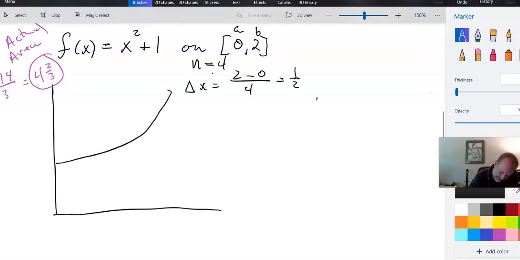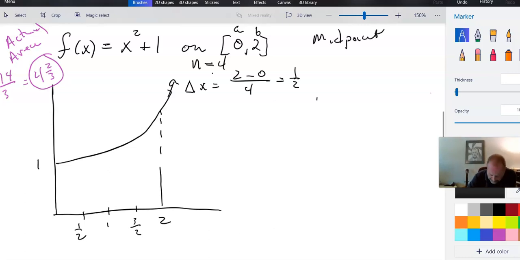Okay, so once again, well, close enough. Let's say that's 1. We're just going to go ahead and throw this down at 2. And then again, we have 1/2, 1, 3/2. Okay, so if I'm using the midpoint rule, what that means is that the evaluation point is going to be in the middle of each one of these rectangles.